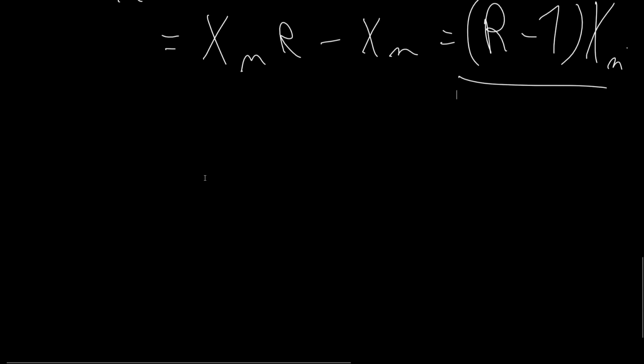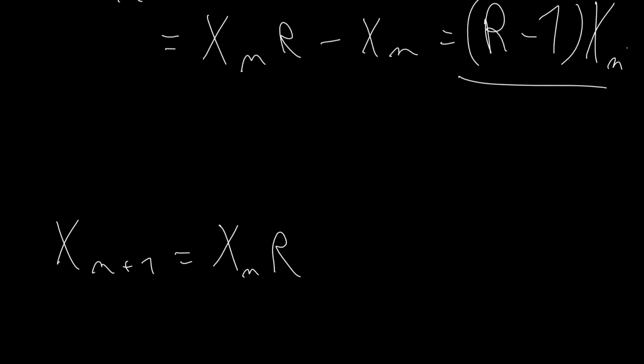However, going back to the original form of xn plus 1 equals xn times R, we would like to find a solution to this. And by solution, I mean we would like to find any x, so it might be x4, it might be x100, x whatever.